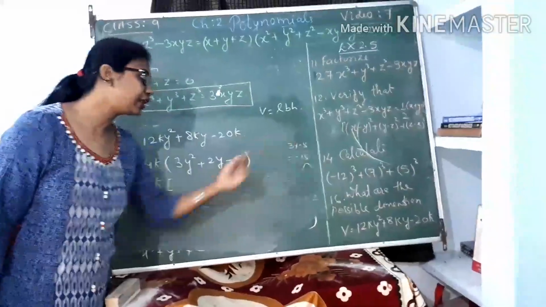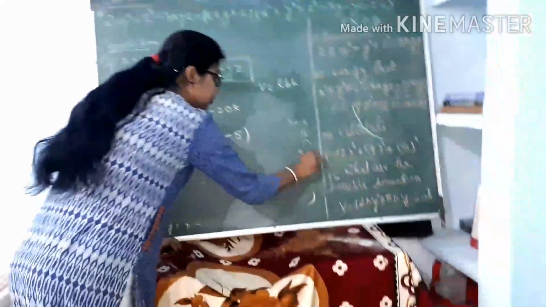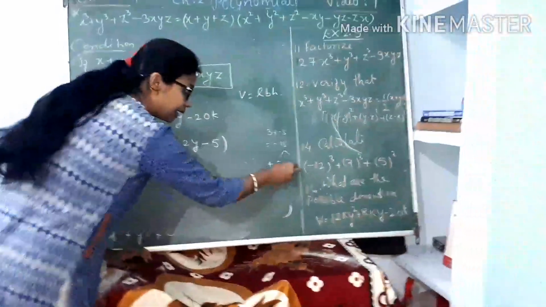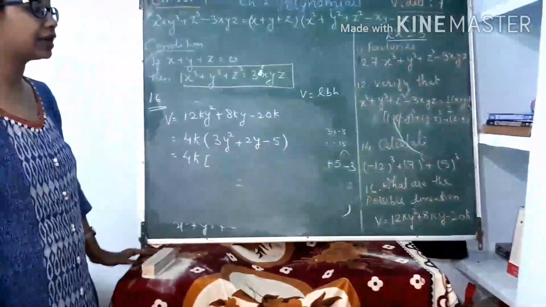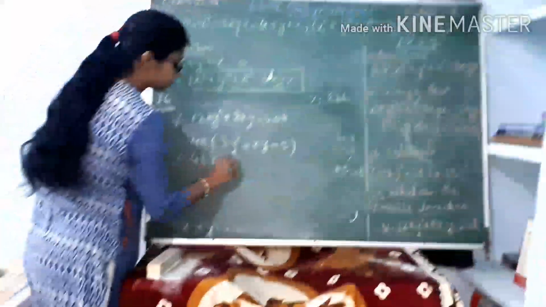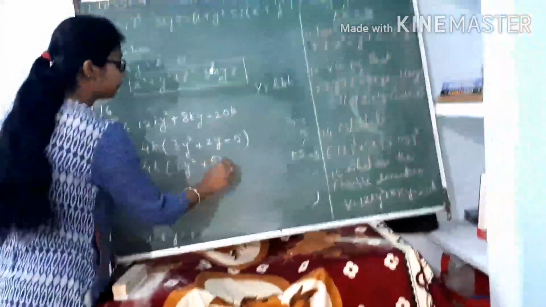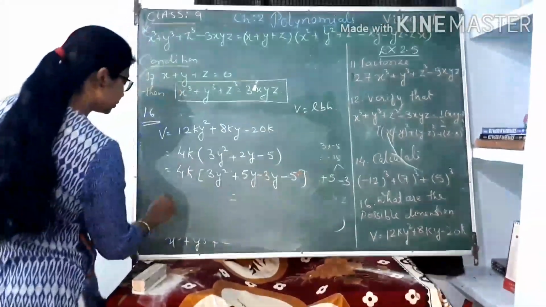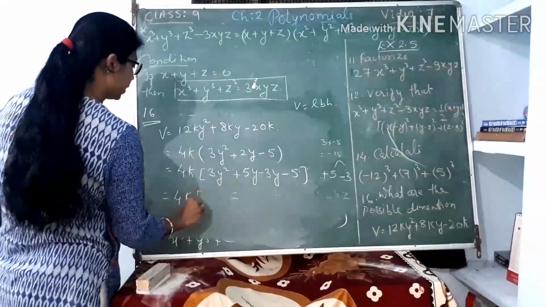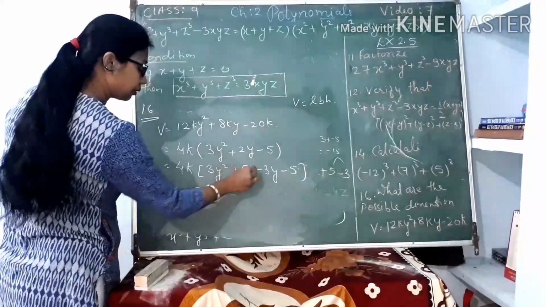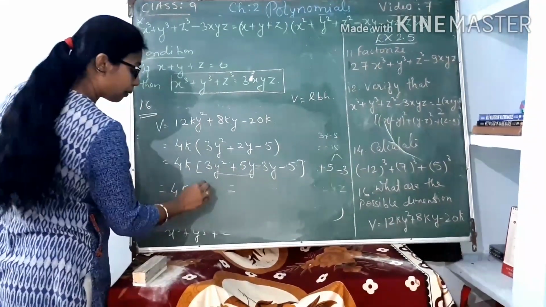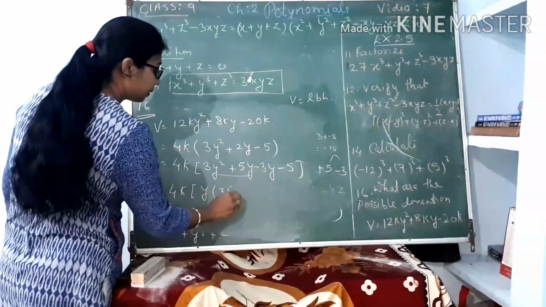Clearly it will be 5 and 3. Since the sign is positive, give the positive sign to the bigger value and the negative sign to the smaller value. 3y square plus 5y minus 3y minus 5. So 4k, from the first take y common, 3y plus 5.